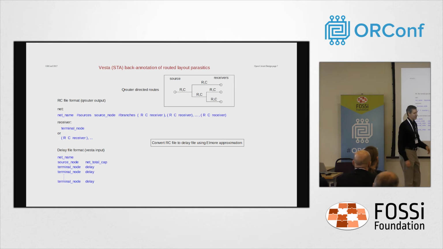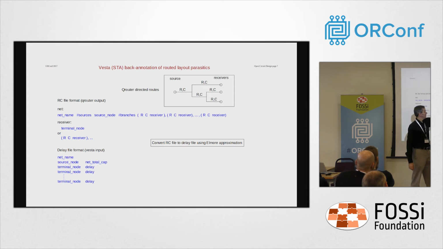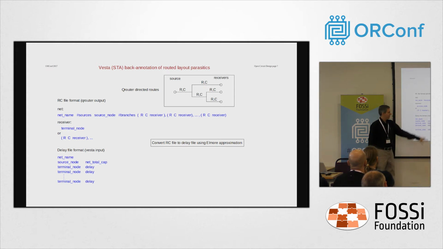The one thing that QRouter knows how to do is walk the paths of the routes it's created and tell you the resistance and capacitance at each point. If you know how to calculate the Elmore approximation, then you can get a set of point-to-point delays and feed that back into the static analysis tool.